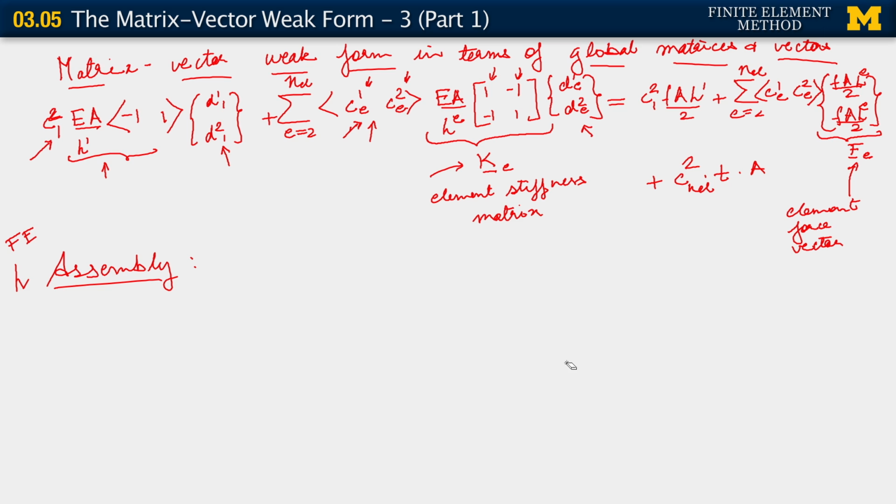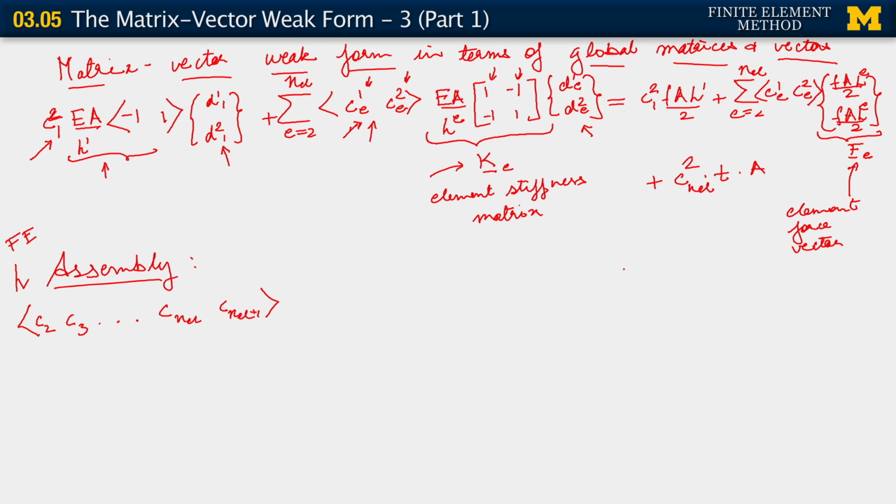So we would have to continue again from the point where I wrote out assembly, and then went ahead. In order to do assembly, we need to assemble the local nodal degrees of freedom into global degrees of freedom. And the way we do this is recognizing that we get here C2, C3, and so on, up to C_NEL, C_NEL plus 1.